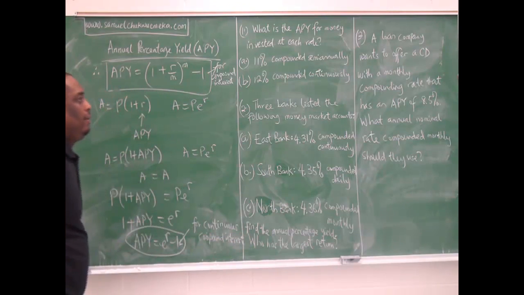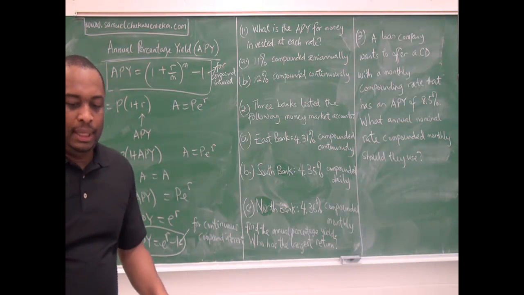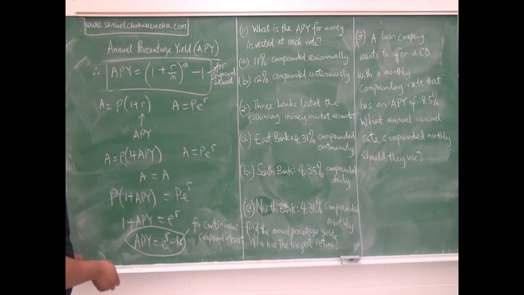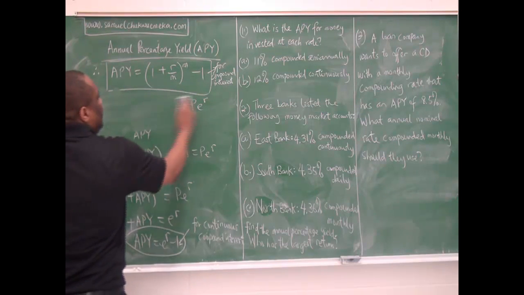Okay? All right, let's do these questions and then we'll call it a day for today. Let's take note of these formulas because it's important. So I'm going to write this other formula here.